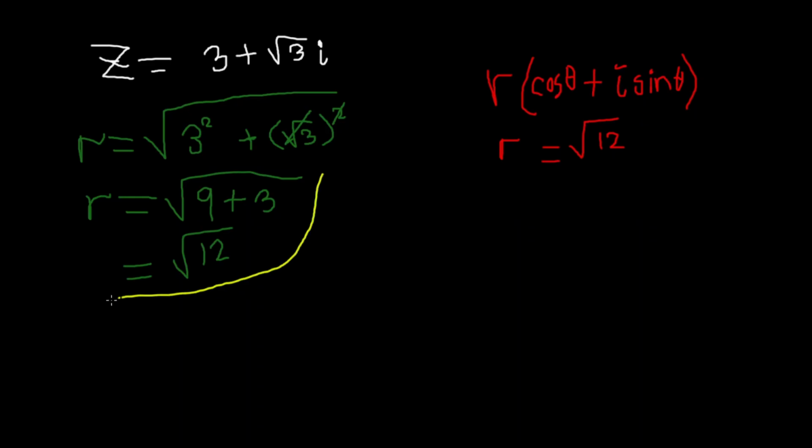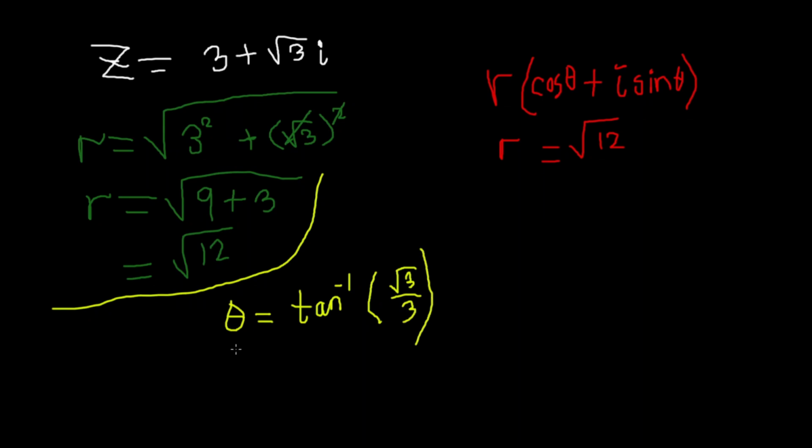Now let's find theta. Our theta is arctan of square root of 3 over 3.